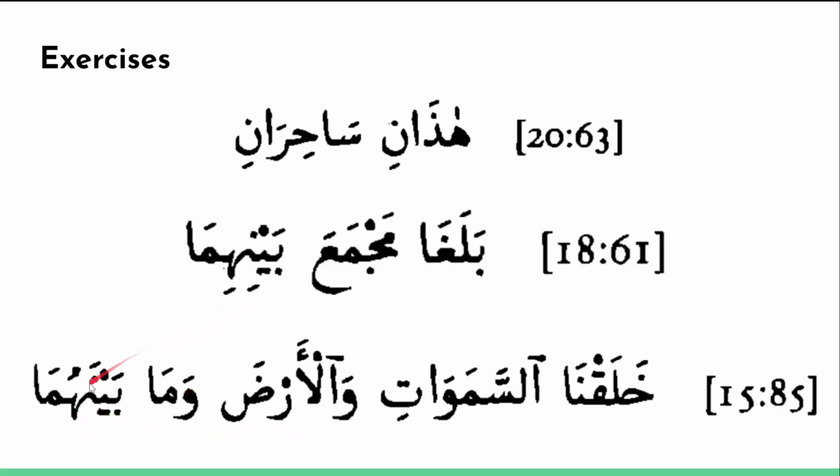So you'll notice that one little change here is that this is in the majroor case, because it turns out that this is the possessor of majma'a. We say the meeting point of the two of them. So this is the possessor, so it appears in the majroor case. This here is in the mansub case, because Allah created this, this, and this, and so it's in the majroor case. So we see bayna, and then we use the huma suffix. Baynahuma.